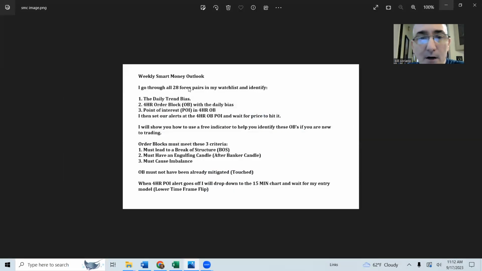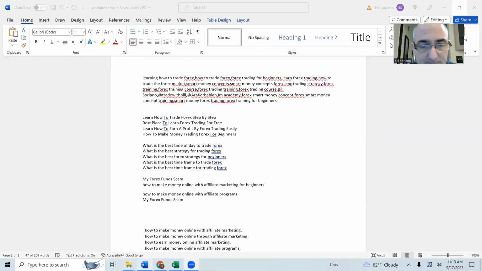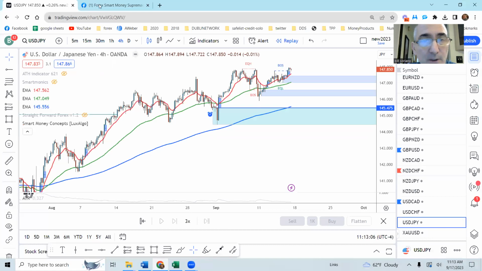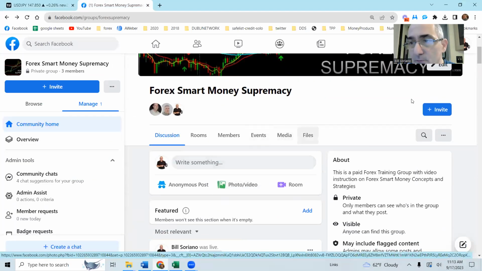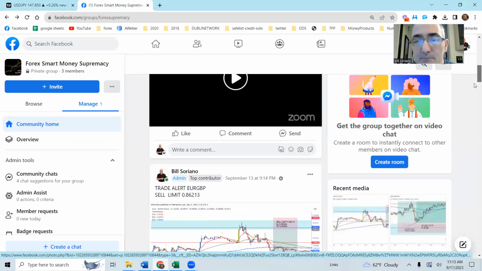Okay. We went through all 28 pairs. We identified the daily trend bias. We identified the 4-hour order block to trade from, marked up a point of interest inside that 4-hour order block, and we set our alert there. So keep an eye out in the group now, guys, so that during the week, as these points of interest get hit, I'll come in live in the group here and I'll do some live sessions.